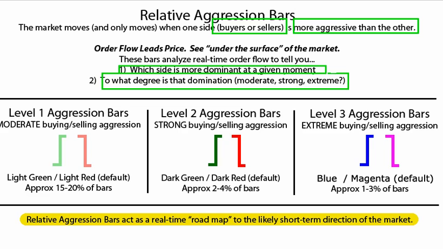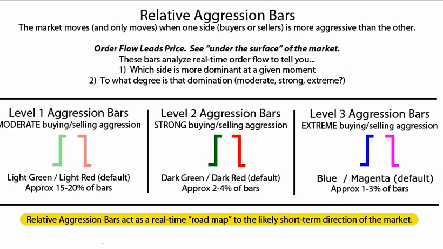So we have level 1, which is moderate buying or selling aggression, level 2, which is strong buying or selling aggression, and then level 3, which is extreme. And these level 3s and level 2s, you can see, are pretty rare. So we really want to focus in on these level 2s and level 3s. Especially with these level 3s, these extreme buying or selling aggression bars, we know when one of these forms, for example, if there is a selling level 3 bar, and there's quick follow-through, this market's likely to sell off in a pretty hard way.